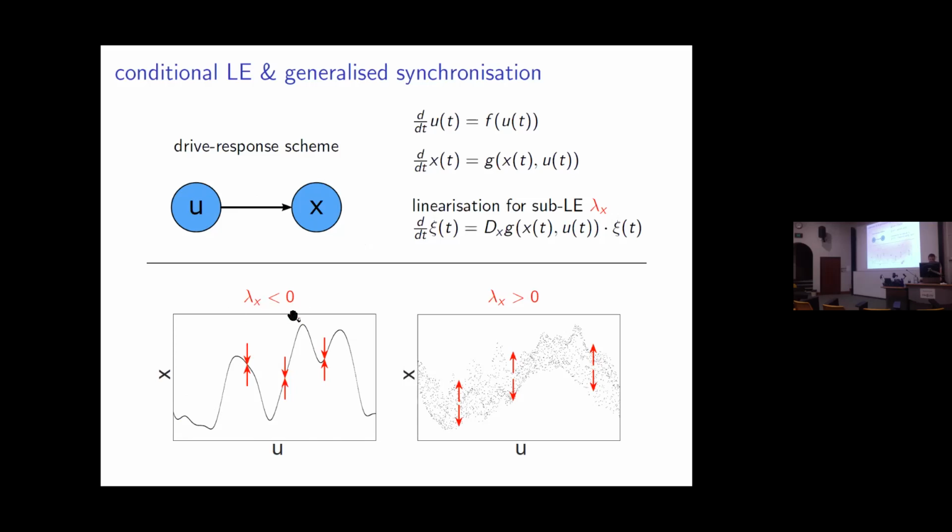A negative conditional Lyapunov exponent indicates a contraction that guarantees stability of that manifold. In the other case, a positive exponent leads to a blurred relationship, so actually not a functional dependence, with some level of noise where the exact state depends on the initial condition, or whichever source of noise.